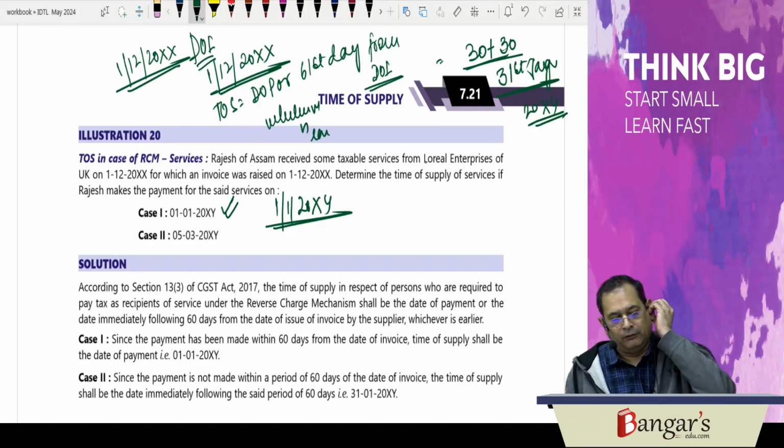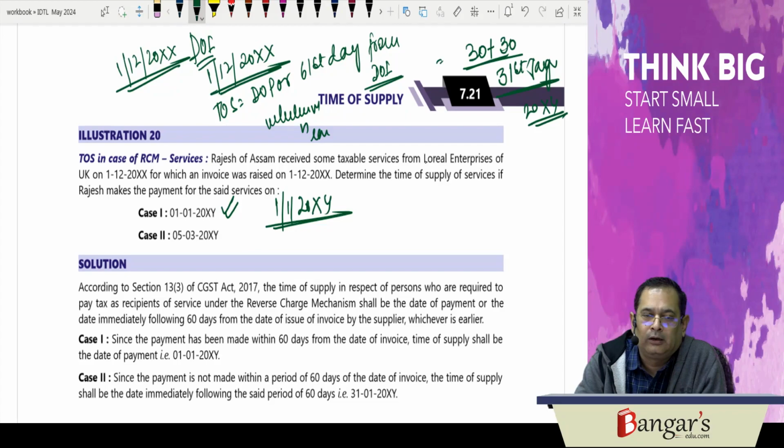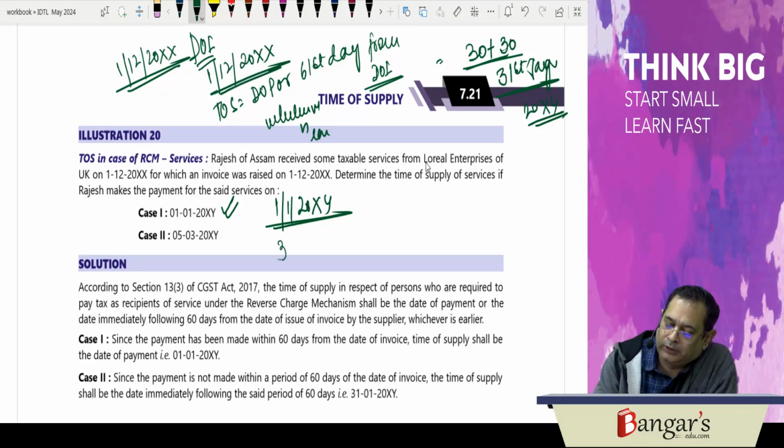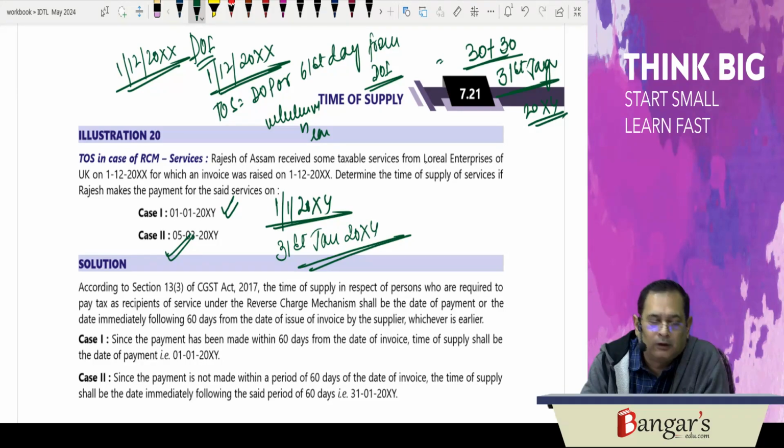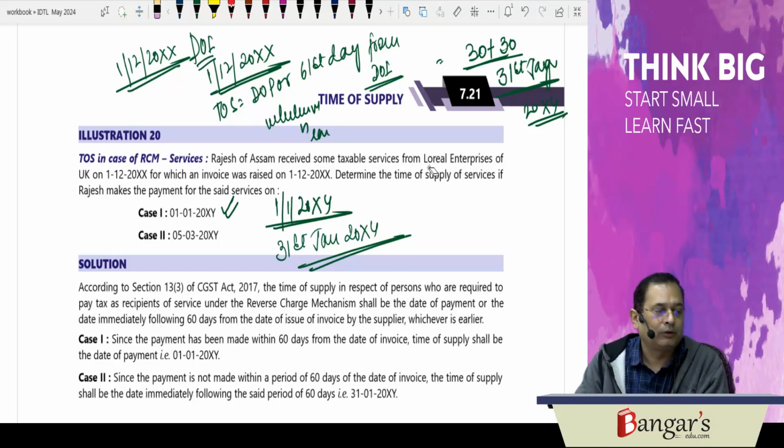So 1st of January will be the time of supply. In the second case, when the payment is made on 5th of March, it will be 31st of January. Okay.